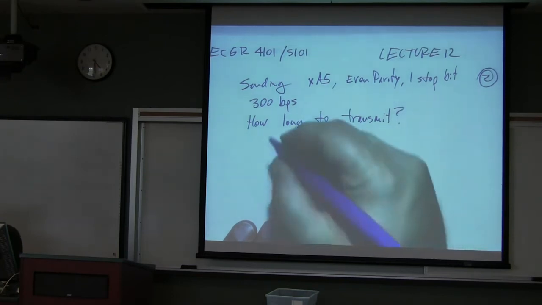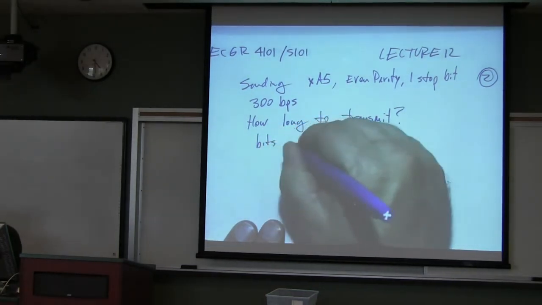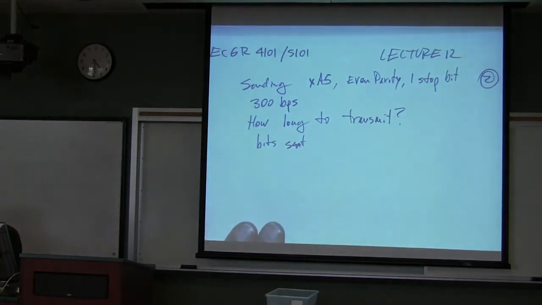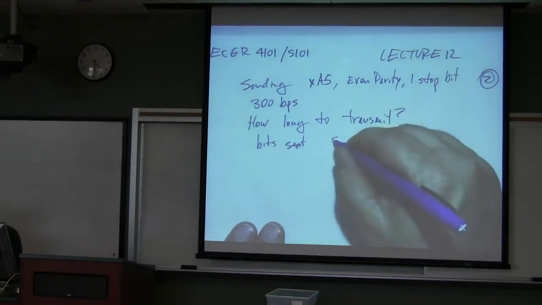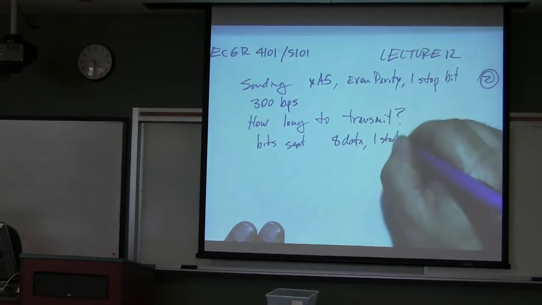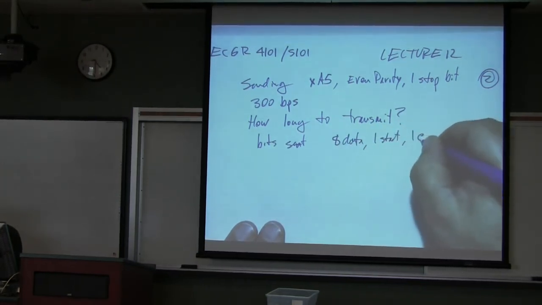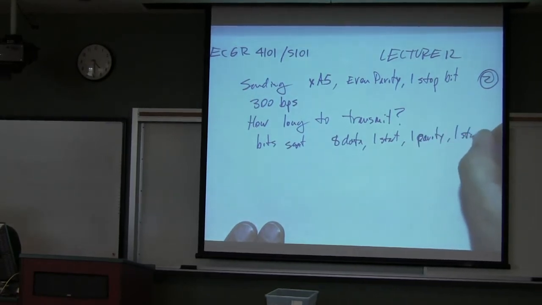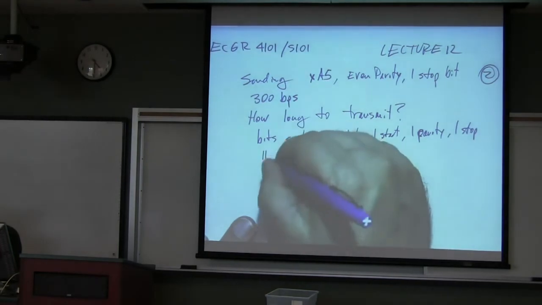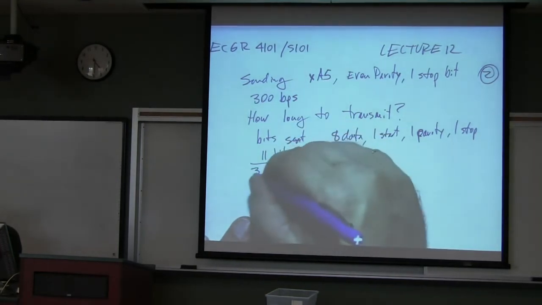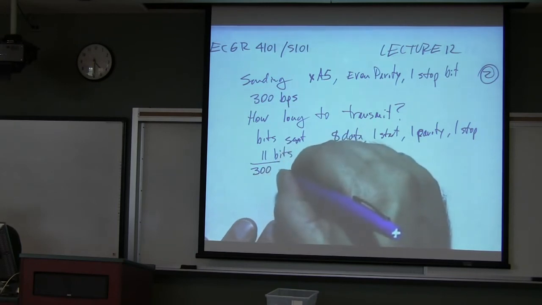All right, well, how many bits? The number of bits sent equals 8 data, 1 start, 1 parity, and 1 stop. So 11 bits divided by 300 bits per second.